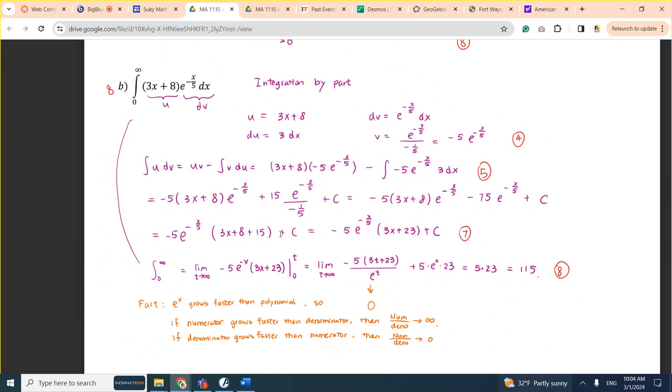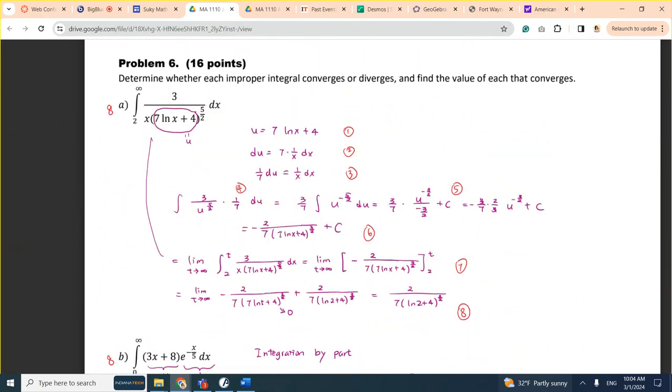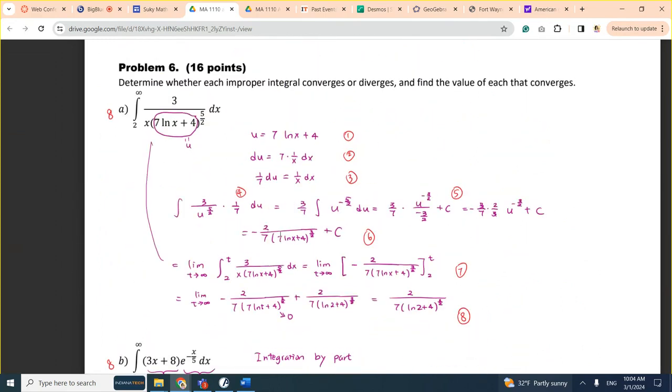So this fraction goes to zero, and you get a finite number in that case. Okay, so your practice exam has an example of integration by parts. I think this one is also U substitution. So yeah, only two harder methods, either U substitution or integration by parts.